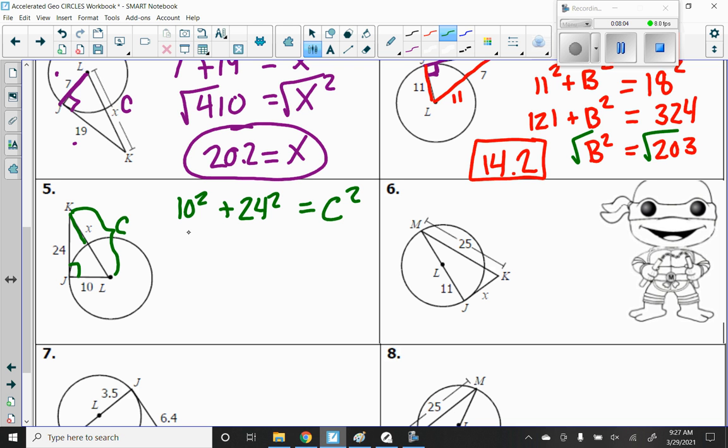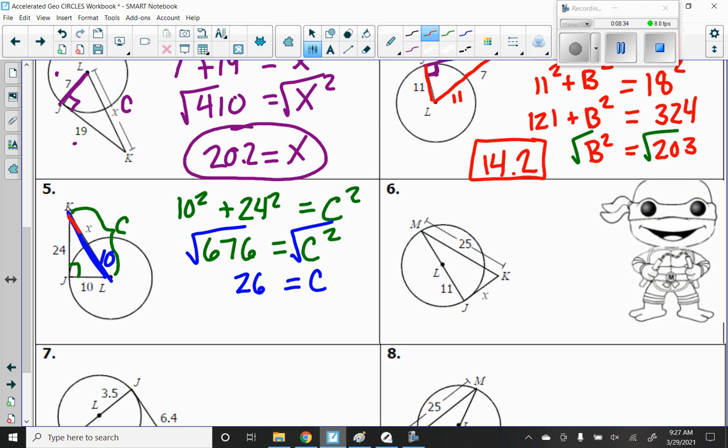So 10 squared and 24 squared added together is 676. Then we're going to take the square root, and C is 26. Now, this whole thing is 26. But you know this portion has to be 10 because it's a radius.